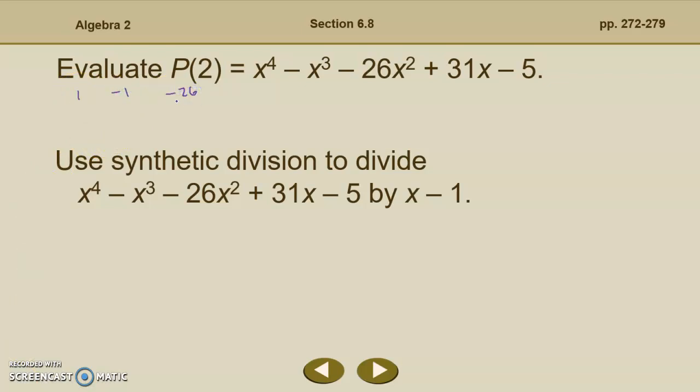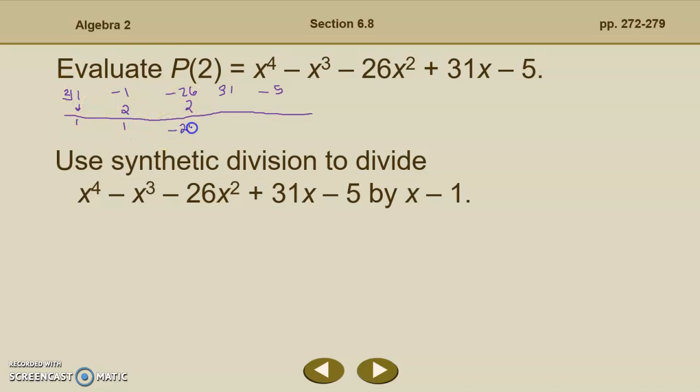So 1, -1, -26, 31, and -5. And we are going to divide all of that by 2. I'm going to try and do it neatly here. I don't always write neatly on the slides. So we bring down our 1, and then we multiply and add. 2 times 1 is 2, and we add. 2 and -1 is 1. 2 times 1 is 2, and then we add.